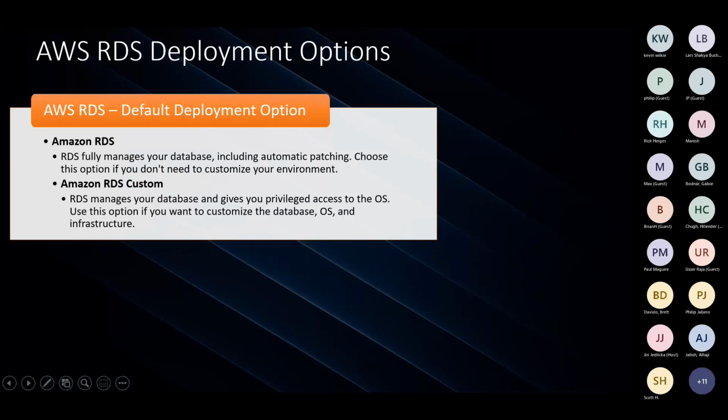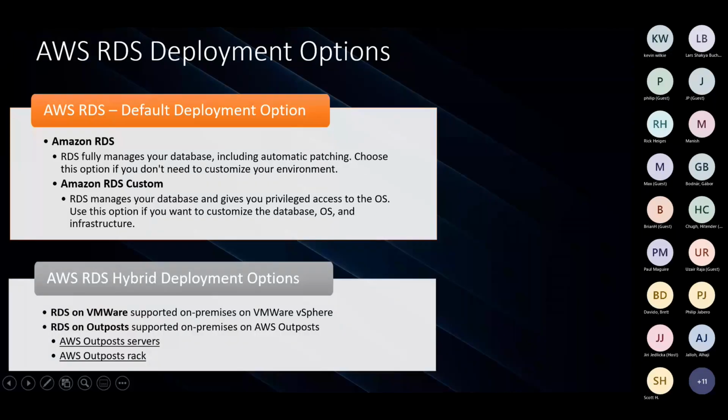There's another one called hybrid. The hybrid is specifically for data residency and latency. That means there are two flavors. RDS on VMware is supported on premises, where they use VMware vSphere. Let's say you have an application where there is a regulation that the data has to reside inside your data center.